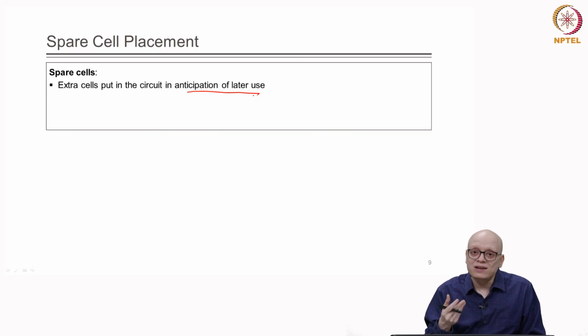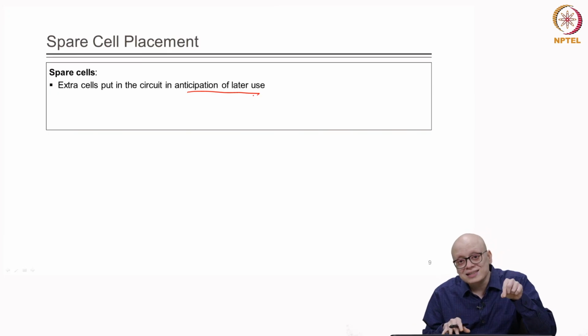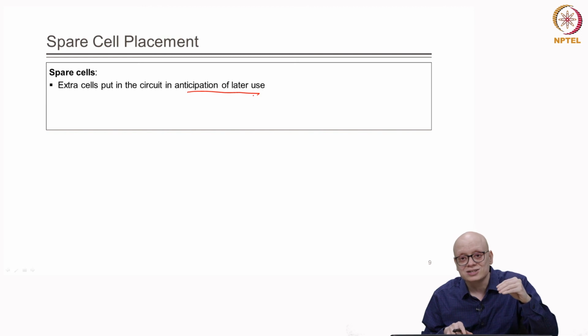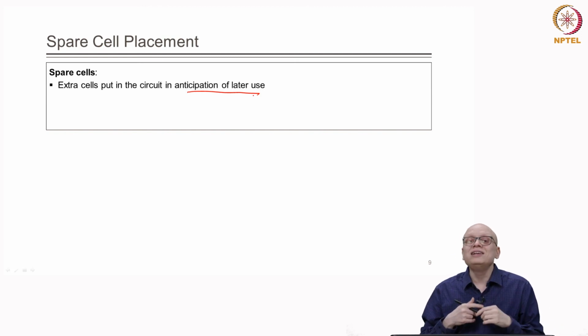Now, what did we save if we use the spare cells? Spare cells are already there in the layout, meaning that the bottom layers of the design, where the cells are used for fabrication of transistors, need not be changed.